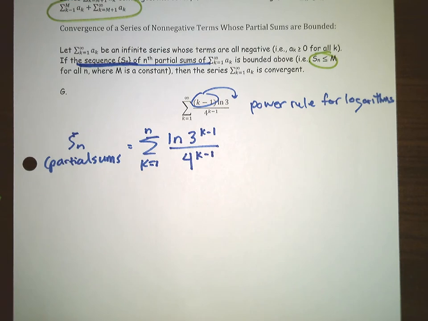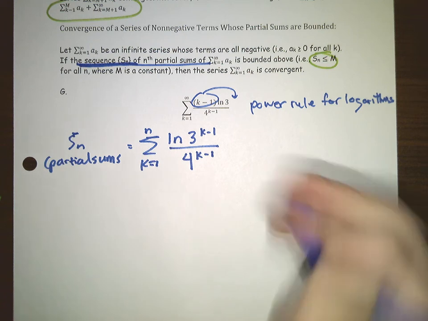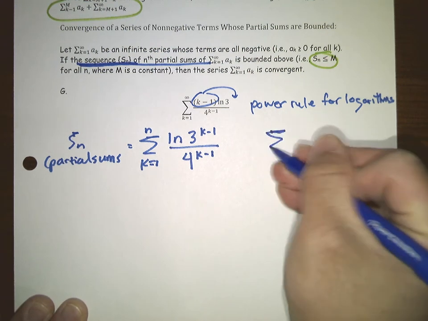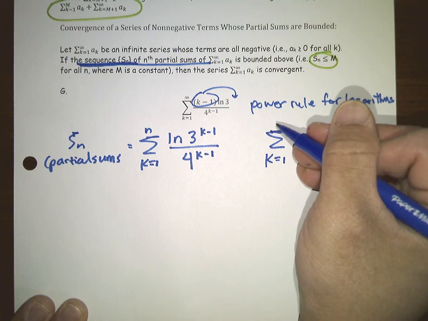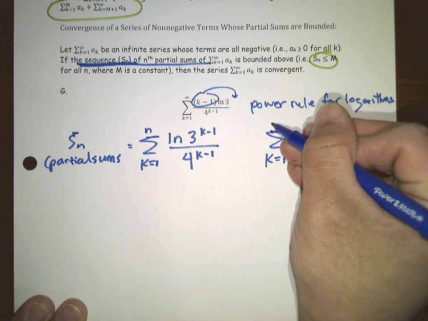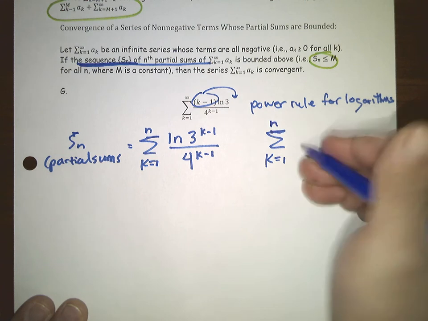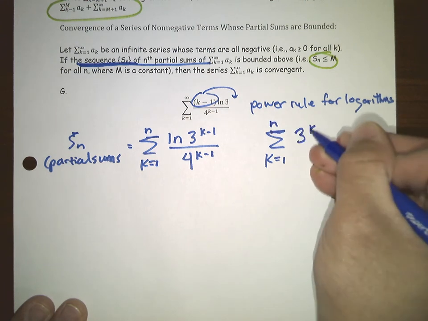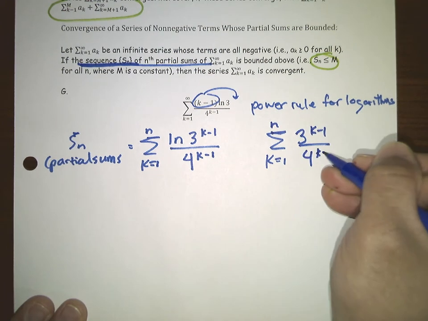And now I am going to see if I can rewrite that to compare it to some other series. A series that looks similar to this would be the sum k equals 1 to n of 3 to the k minus 1 over 4 to the k minus 1.